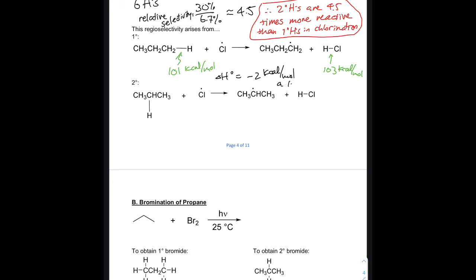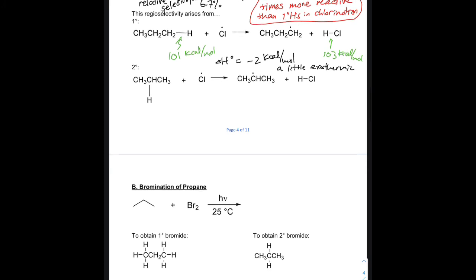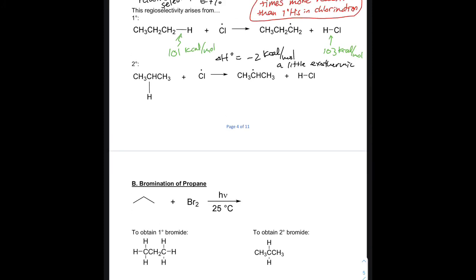So this particular propagation step is a little bit exothermic. Let's think about the secondary chloride case.